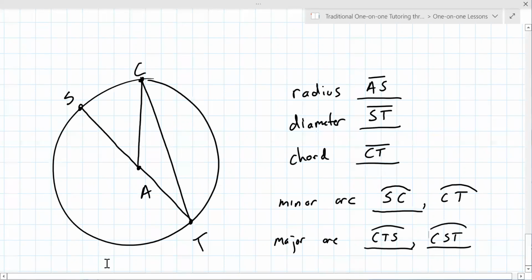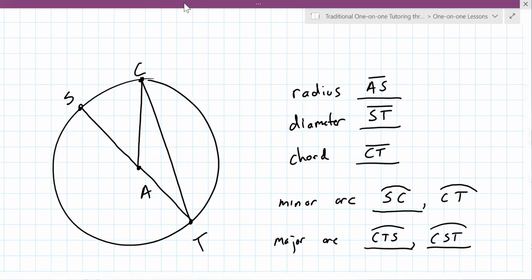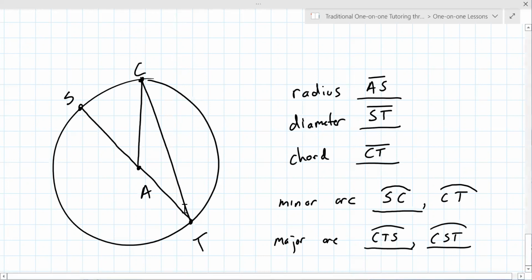C to S to T. Oh yeah, that's true. Actually, you could do that. And then you could also do TSC if you wanted, but the forwards and the backwards is the same, so it's not any different than the one I gave you, but it is correct. You can put that down, it's just not a different one. Okay. I didn't know that rule.